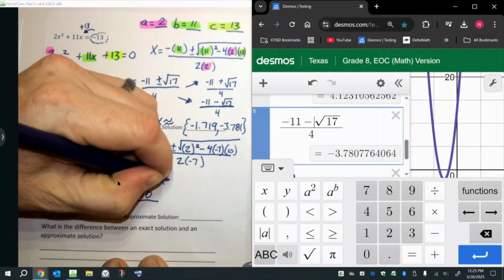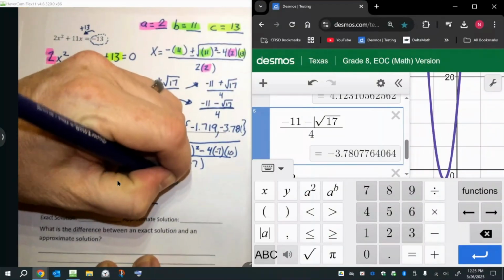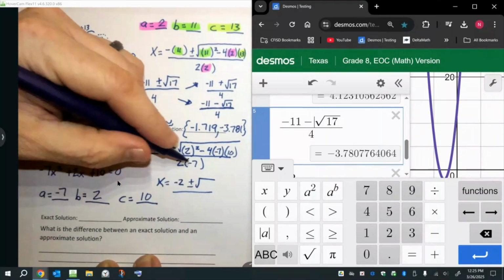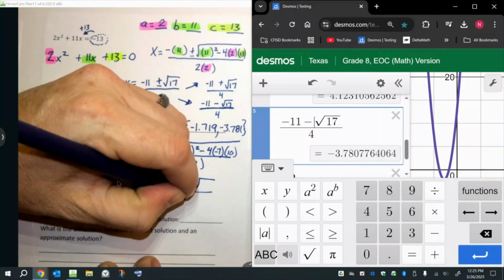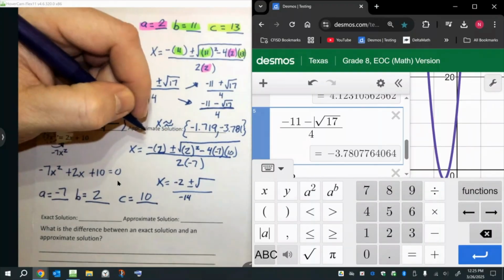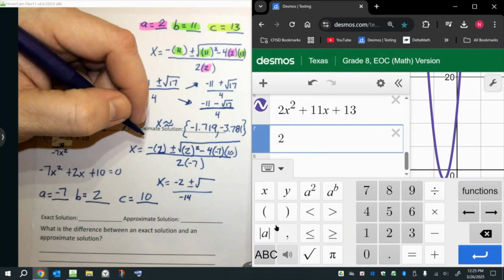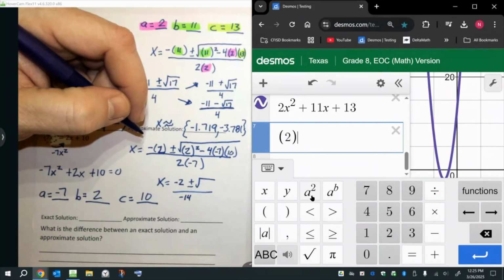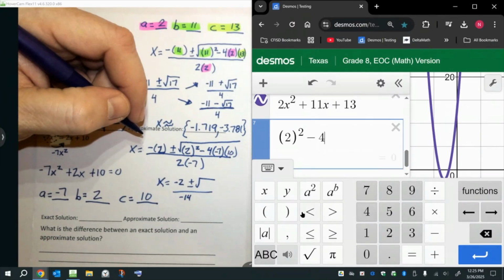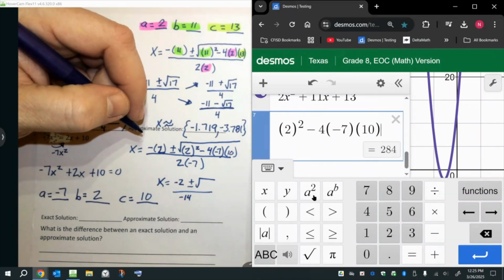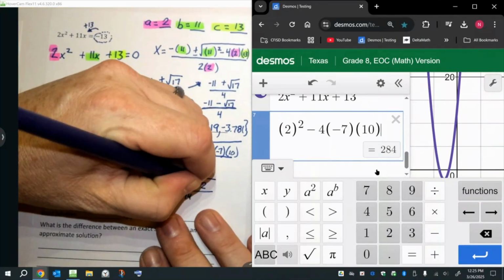So now we will type, that will be opposite, which is negative 2. At the bottom, 2 and negative 7 multiplied is negative 14. And underneath the square root, we have 2 squared minus 4 times negative 7 times 10. And that's 284.